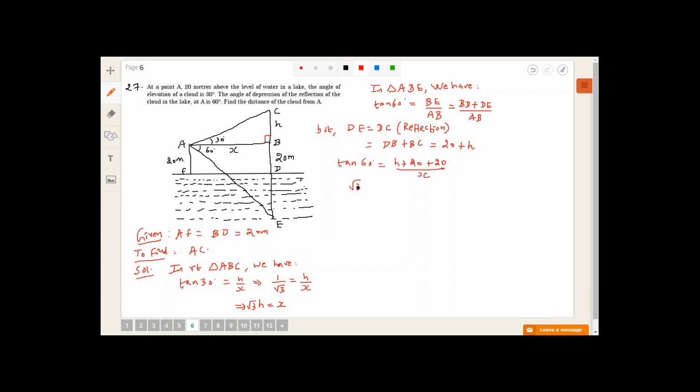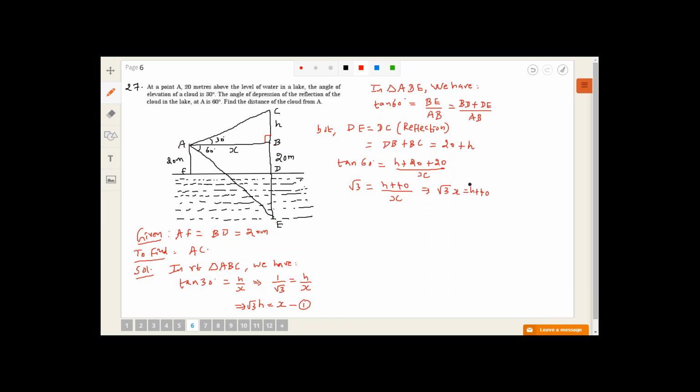So tan 60 is root 3. So root 3 will be equal to H plus 40 by X, or root 3x is equal to H plus 40. But X is equal to root 3H from equation 1.